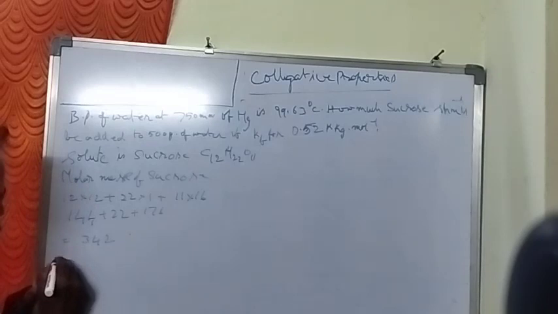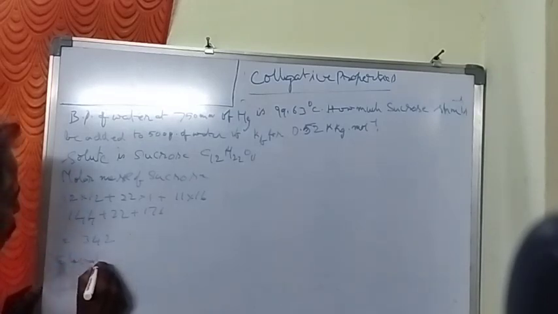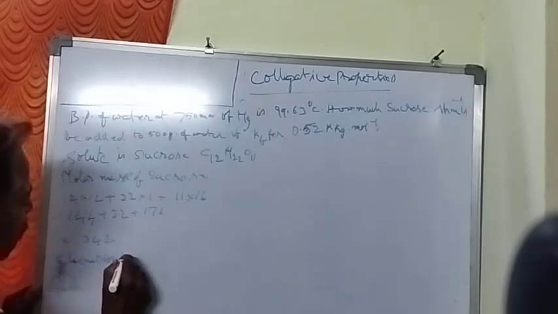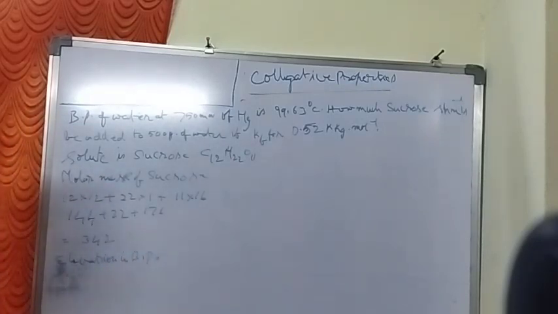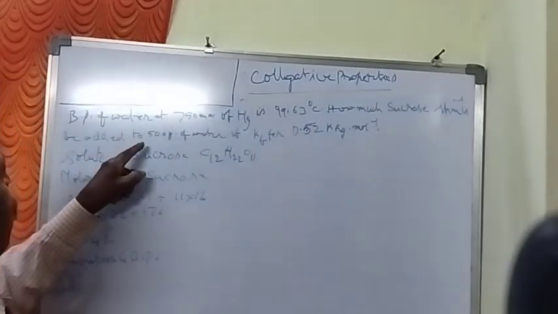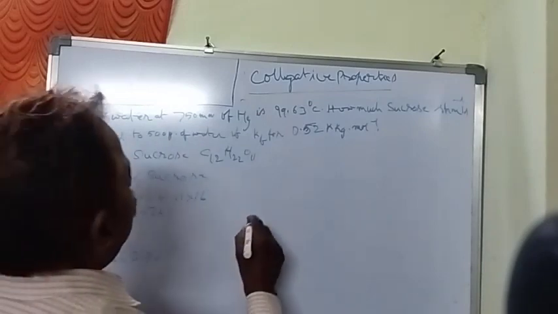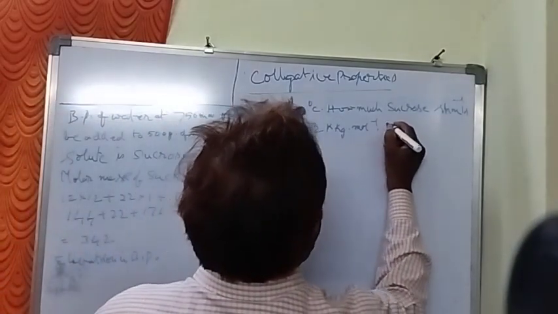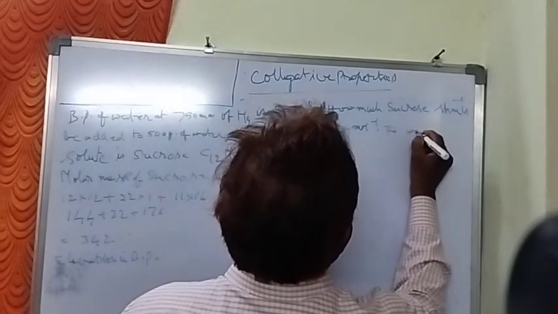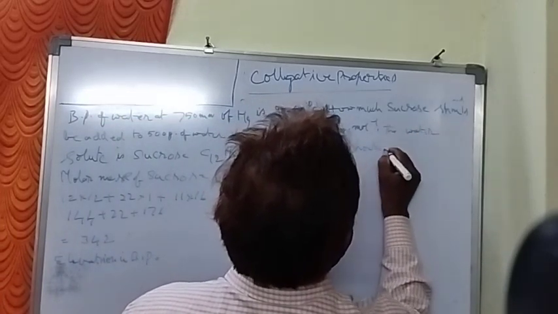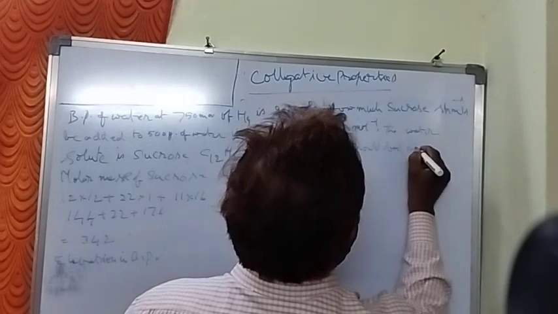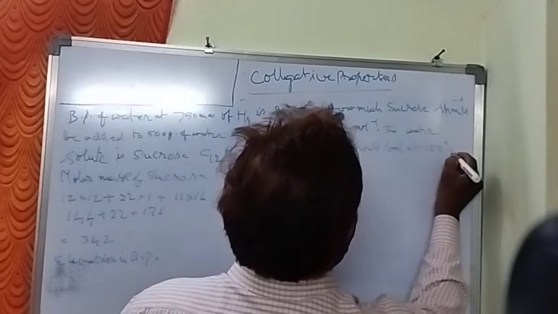Now elevation in boiling point. The problem is how much sucrose should be added to 500 grams of water if the water should boil at 100 degrees centigrade.